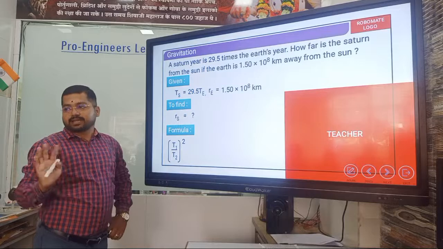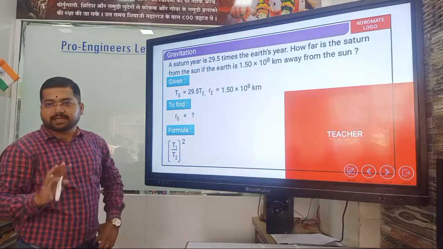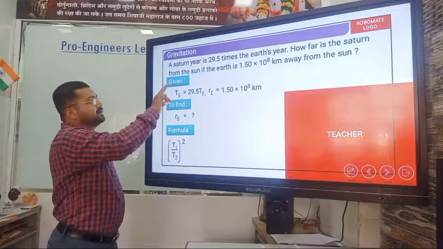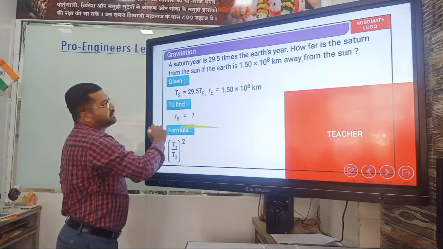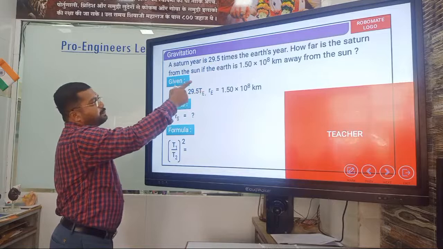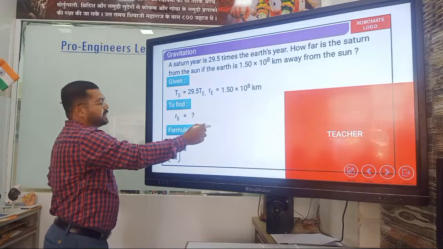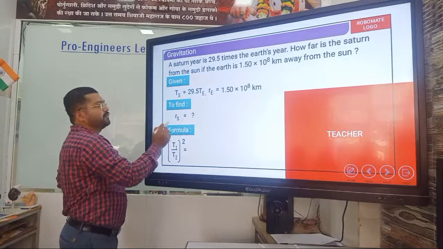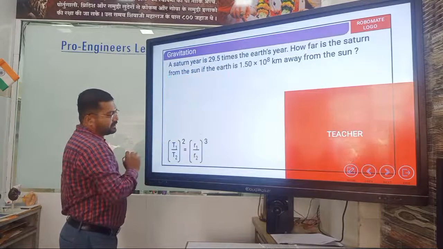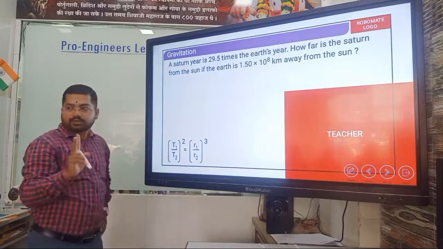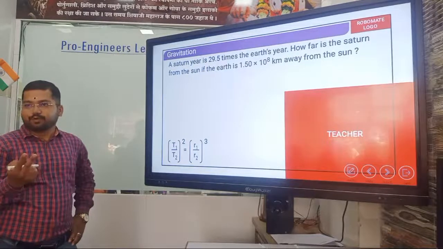They have not exactly given the time period of Saturn's revolution, they have mentioned it in comparison to Earth. The revolution of Earth we are aware of. The distance is 150 into 10⁸. What we have to find is RS, so for that we will compare the time periods and radii of both.